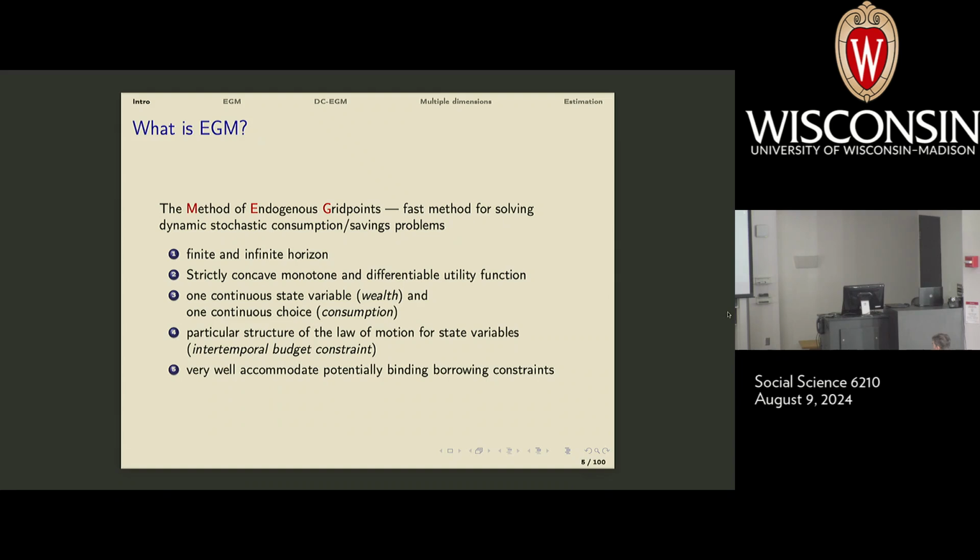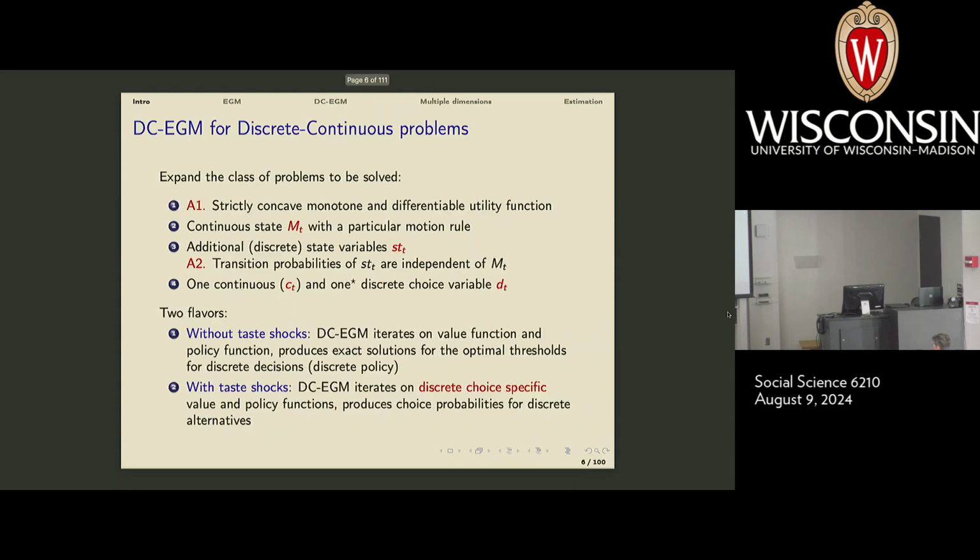So we have to have this particular structure on the law of motion of the state variables. But interestingly and nicely, it will accommodate the borrowing constraints really efficiently, kind of natively.